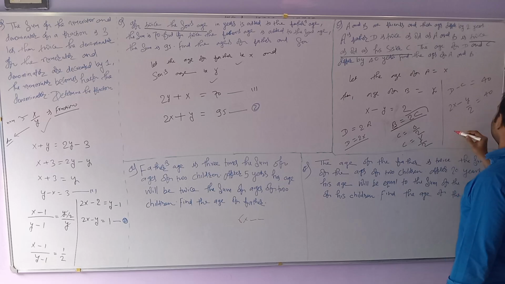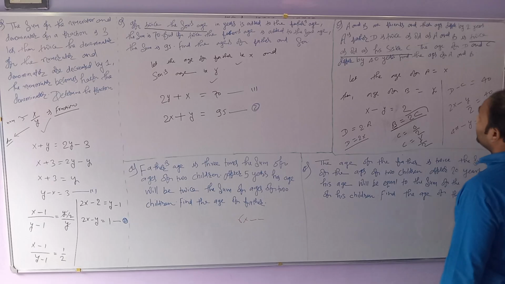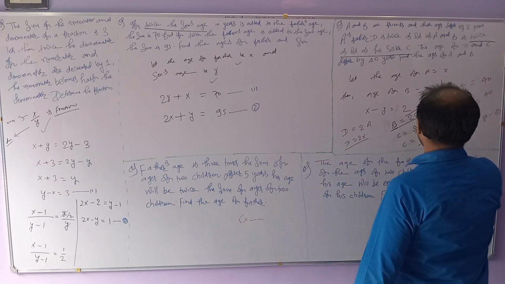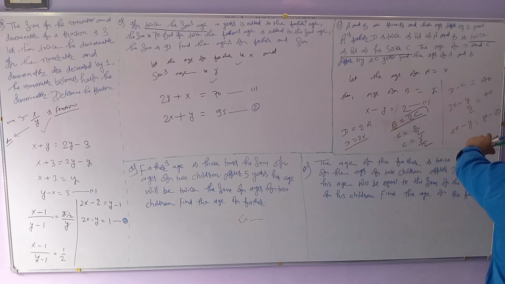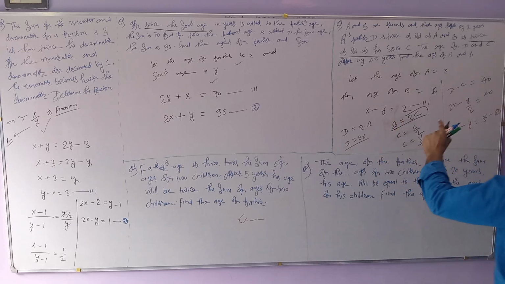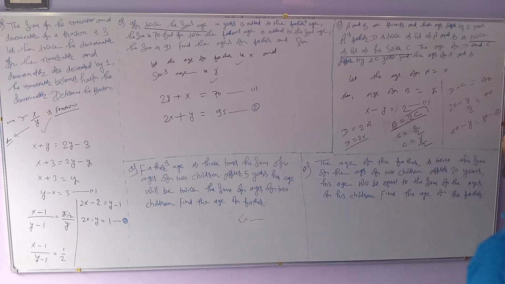That means 4x minus y is equal to 80. We get equation second, and here we get equation first. When we compare both equations, we get the values of x and y, and that becomes the ages of A and B.